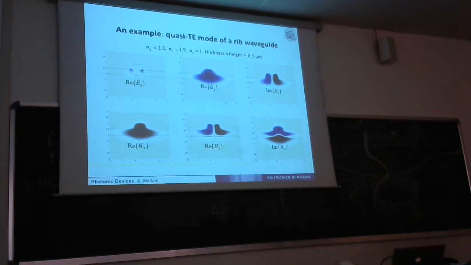So when you read a book or listen to a lesson or a talk, people talk about TE and TM modes also for the waveguide. Rigorously they are not TE and TM, they are hybrid, because you have all the components. But if one of the components is weak, they call it TE and TM. And you have to keep in mind that it's quasi-TE or quasi-TM.